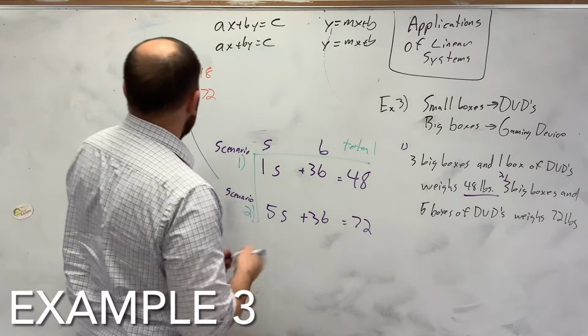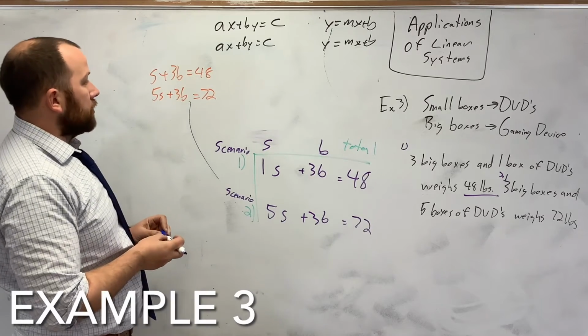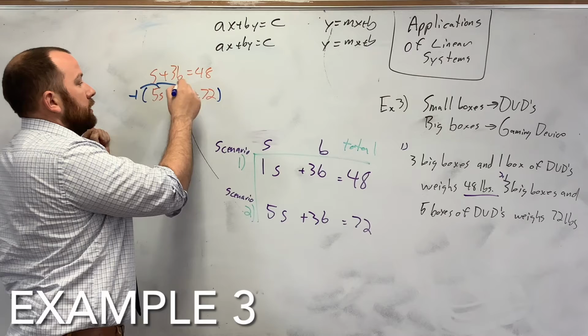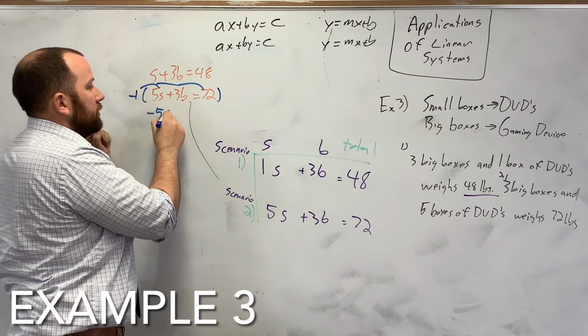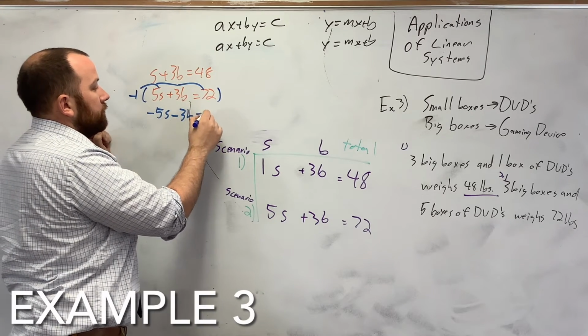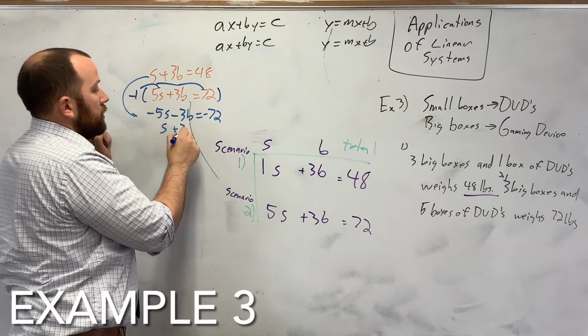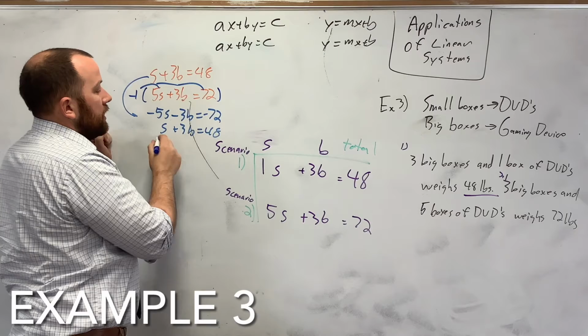Alright, I'm going to use elimination. I'm going to multiply this bottom part by -1, so that I get negative 3B. Bring down the top, so S plus 3B. And now I combine.